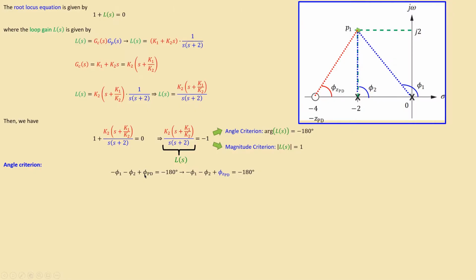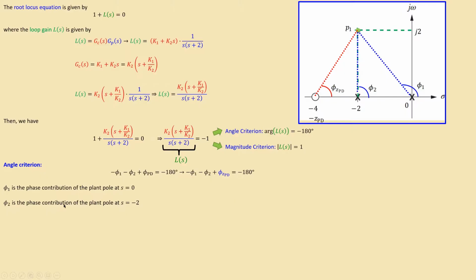Now, since the PD controller has only a 0, which is shown here, and no pole, this is just the phase contribution by the 0 of our PD controller. So this is actually the expression, which is then minus 180 degrees. If I now look again in more detail, phi 1 is the phase contribution of the plant at the origin s is equal to 0, which is just what is given already.